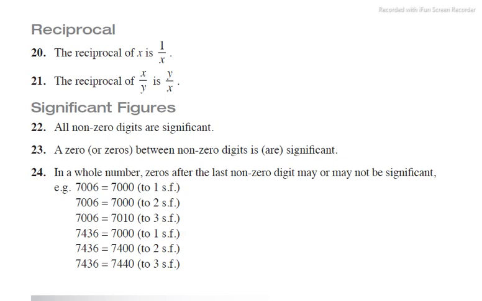We are considering 701, and even this 0 is considered because it is between 7 and 1. We've seen that. But the last 0 is not considered. So we can do the same for other figures.